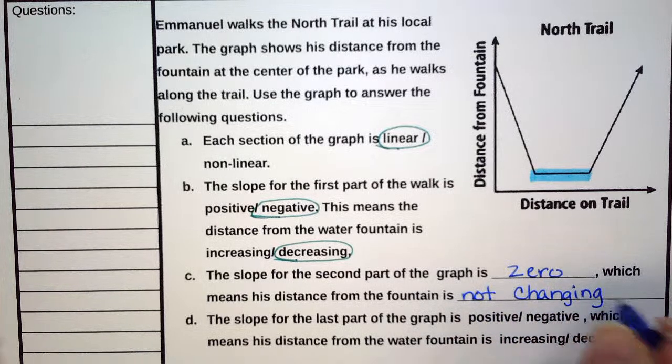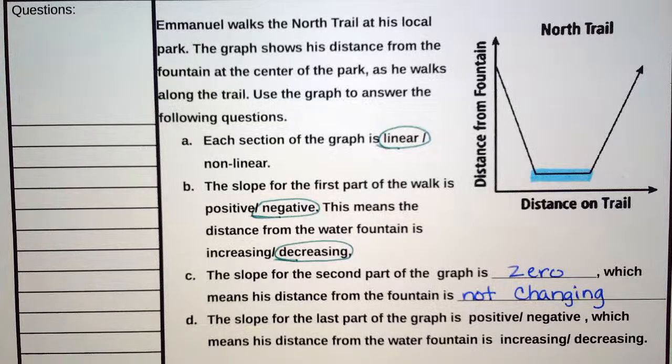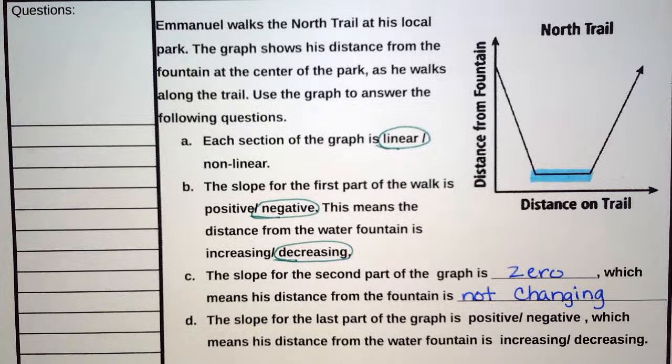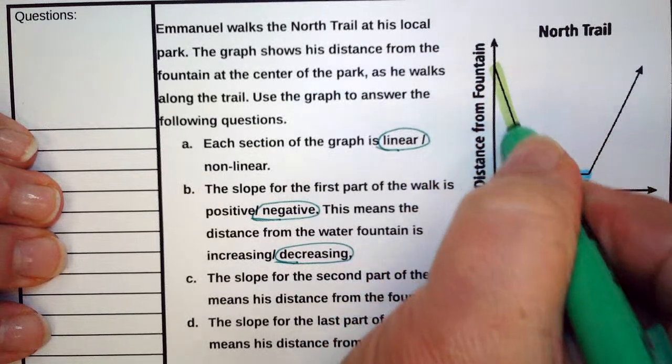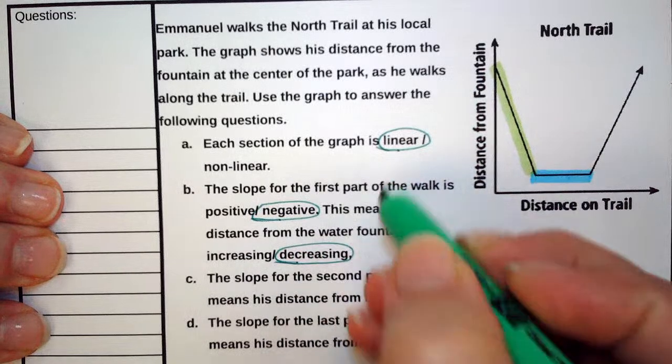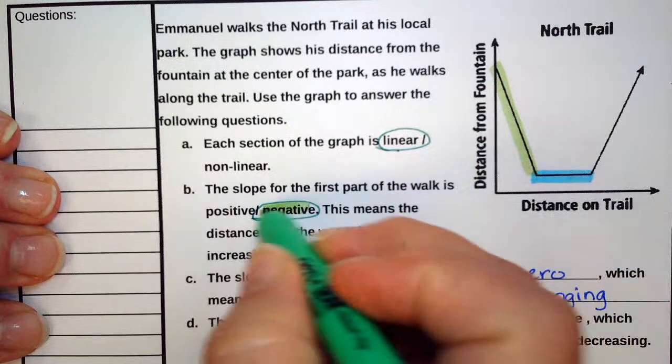So he might be walking parallel to that water fountain. Now if we're looking at this, I should have color-coded that first part. I wrote in green, we'll highlight in green. That is negative.